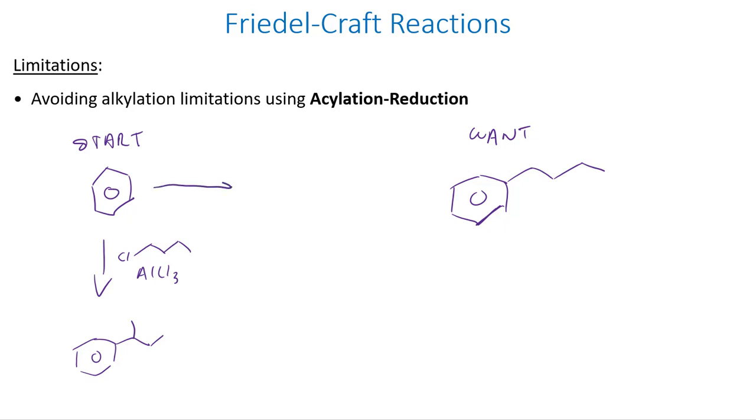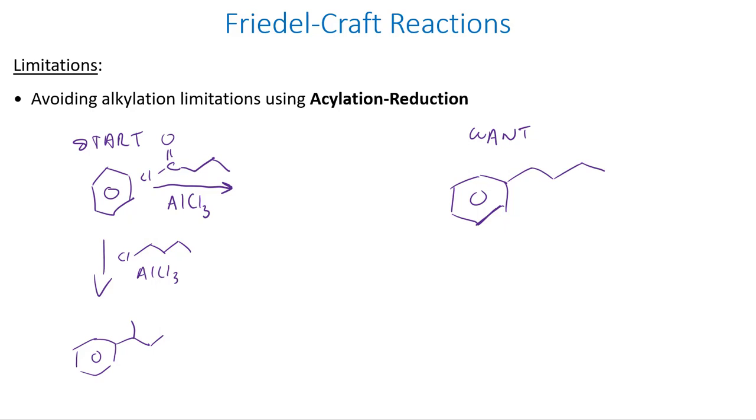And so what we do instead is we want a 4-carbon chain. We're going to add that chain, but as an acyl group. So we're going to make a carboxylic acid chloride instead of an alkyl chloride. So basically the same thing, but we just want to put a carbonyl on the same carbon as the chlorine.